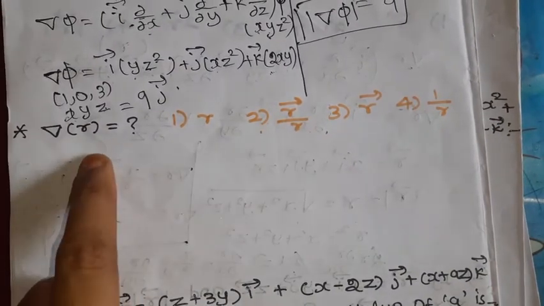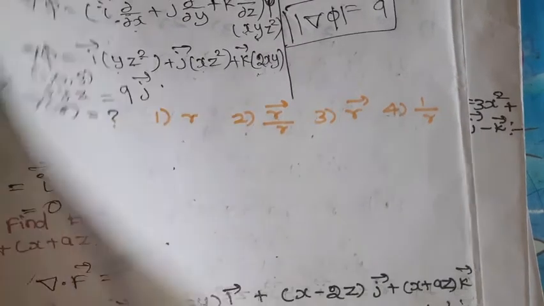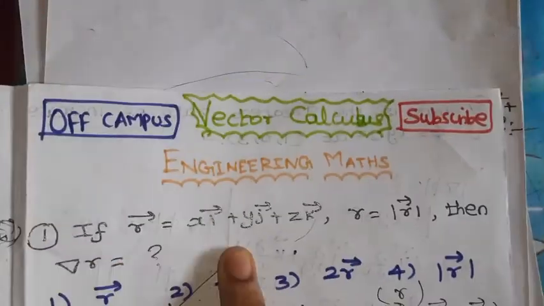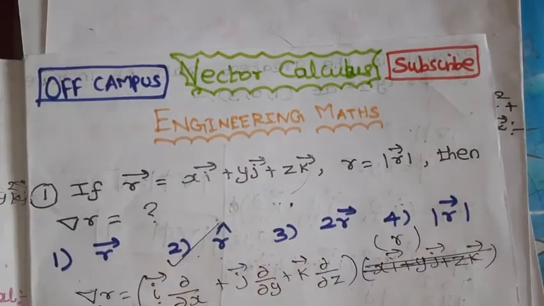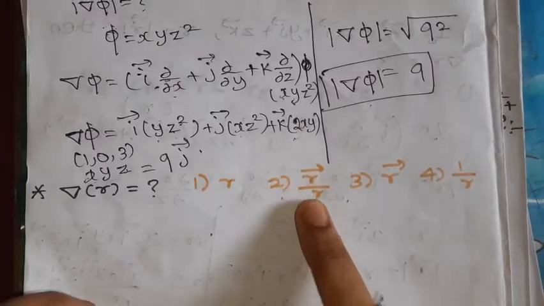So next, del of r is equal to what? We are going to find out what del of r is. The same thing: r vector is given, r is also given, del r, the same thing. So the option is given as r vector divided by r.